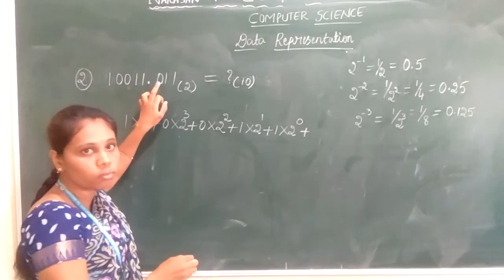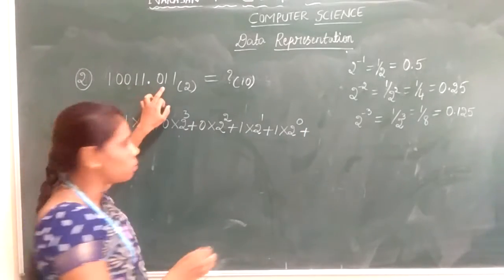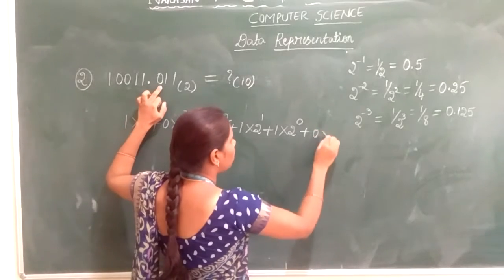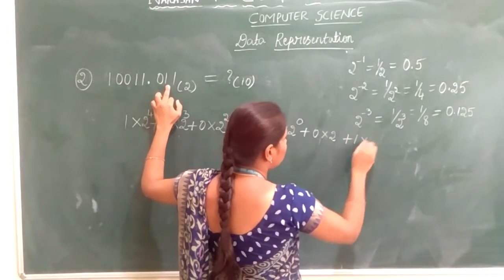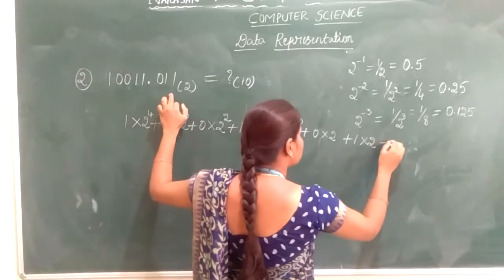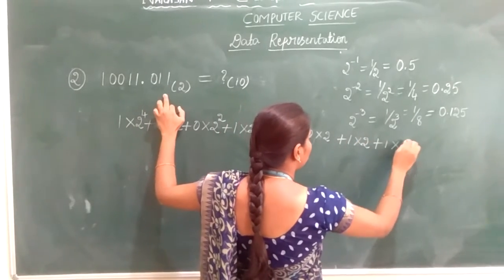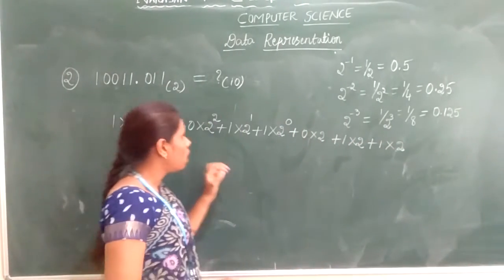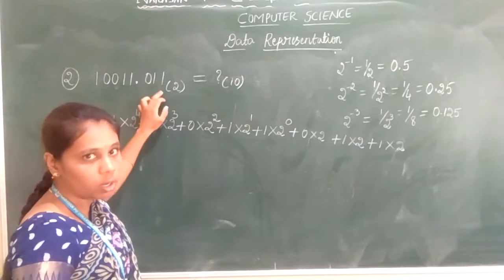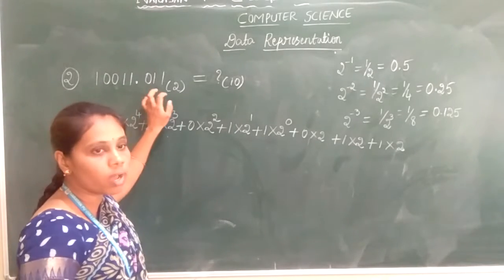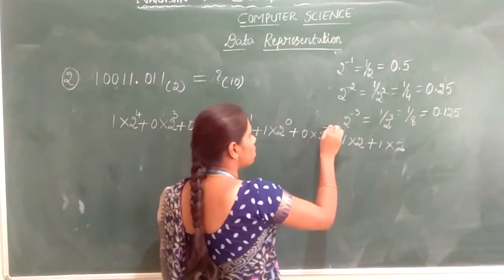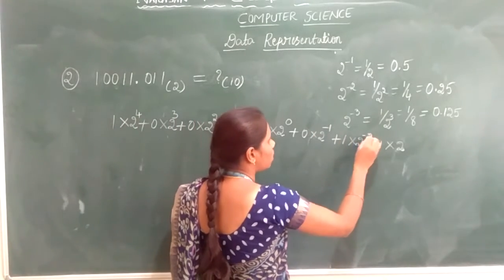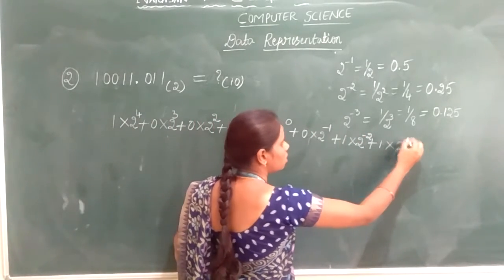Now even this is also multiplied by 2. Now 0 into 2 plus 1 into 2 plus 1 into 2. After the decimal point, the positional values will start from negative 1, that is minus 1, minus 2, minus 3.